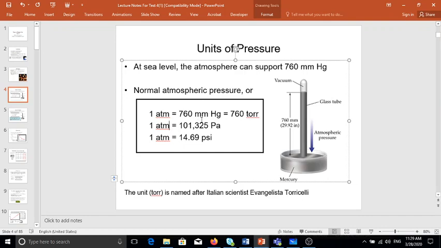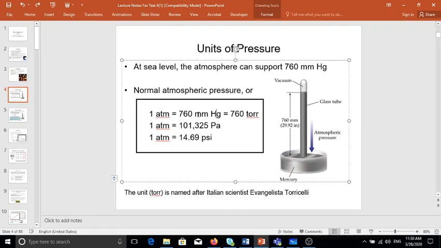Next to that, at least in chemistry, is millimeter mercury. You may not know this one. The millimeter mercury is a combined unit of millimeter, which is a length, and mercury, which is an element. The height or depth of the liquid determines the pressure, so that's why you have a length unit and an element symbol here. It uses mercury, not water, because mercury has such a higher density than water.